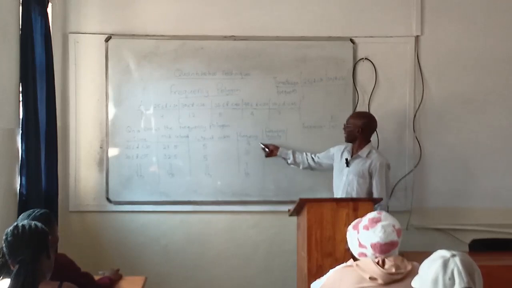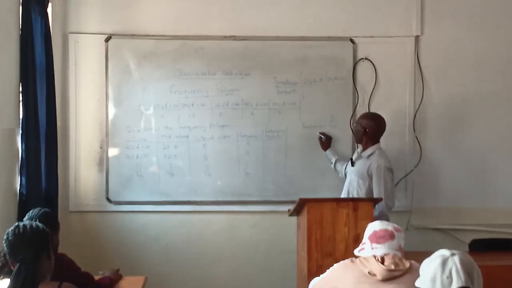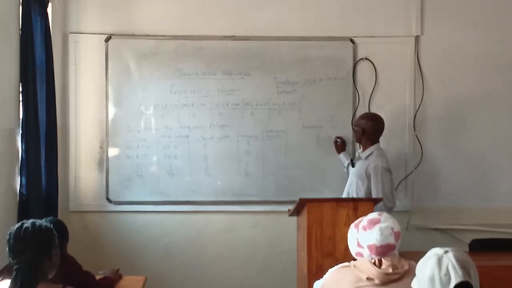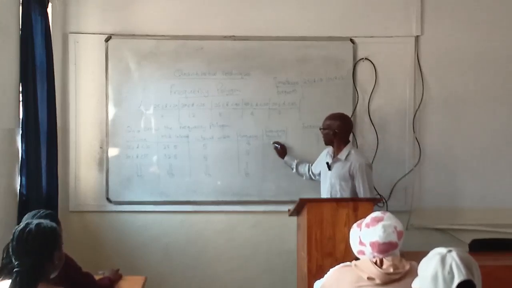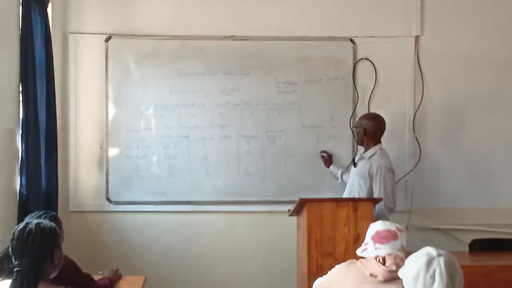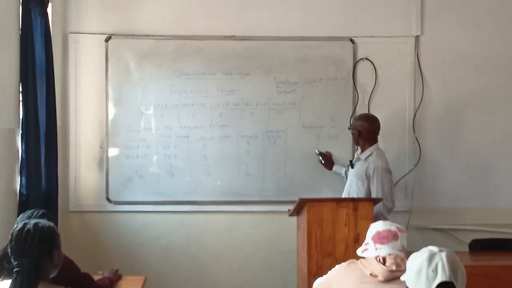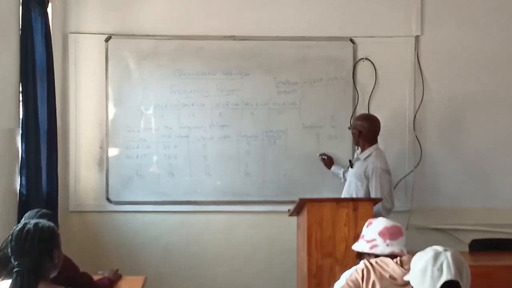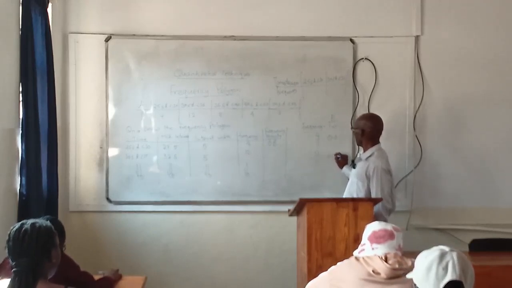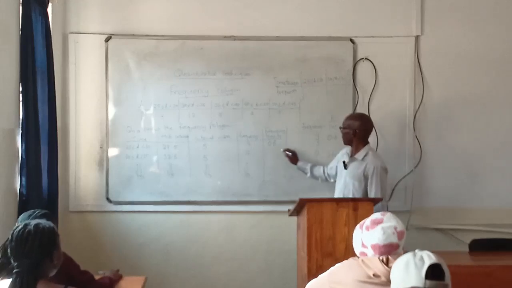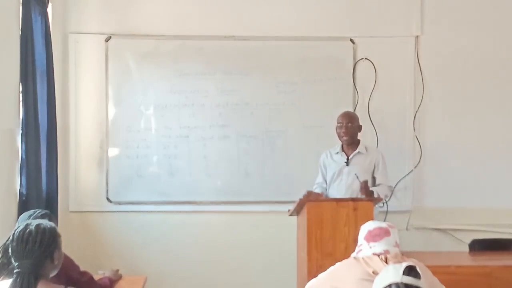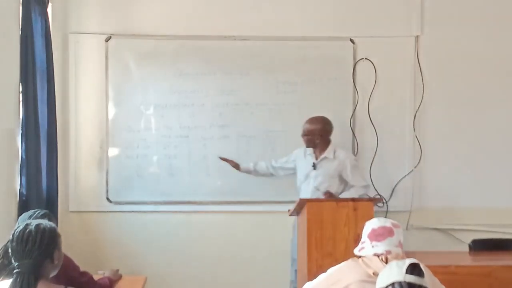So for the first one, 4 over 5, which is 0.8. Another one? 12 over 5, which is 2.4. So you proceed, you can go up to the end there, right? Are we together?